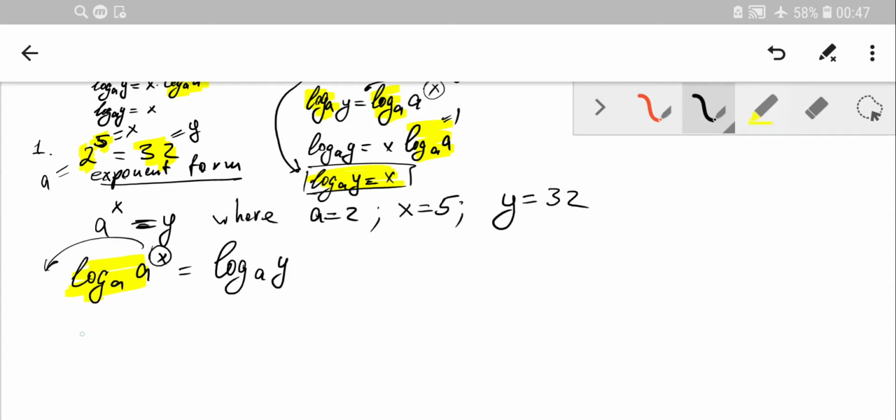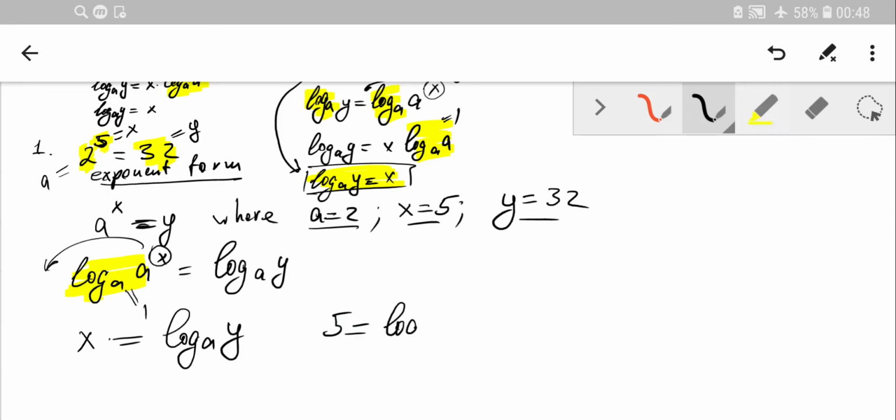So we'll get x times 1, which is simply equal to log with the base a of y. Moving back to the parameters that you have, you can simply do that. x is 5, which equals log with the base 2, because a is 2, of the number 32.